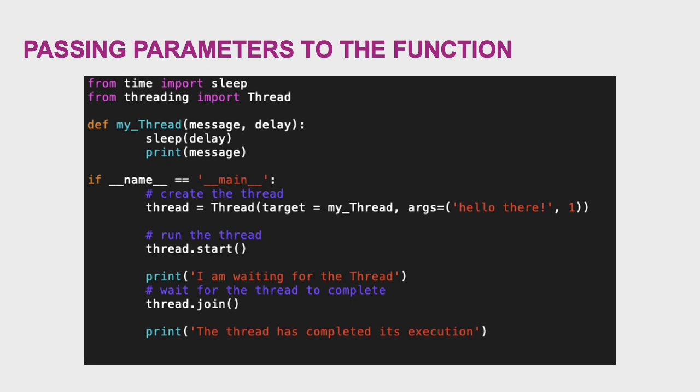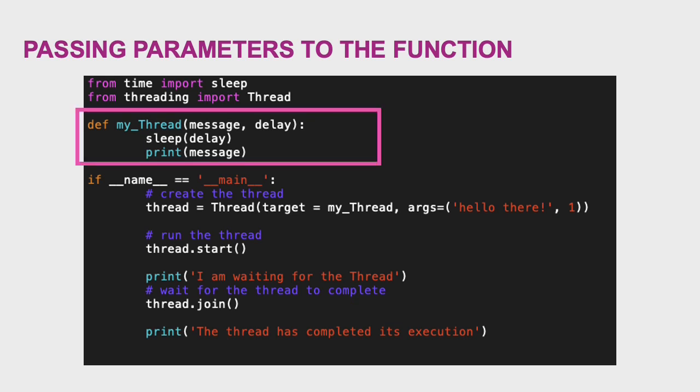So let's see how the code changes. Now the myThread function takes a couple of arguments. Message is a string, and delay should be an integer number expressing the number of seconds our thread is expected to sleep.